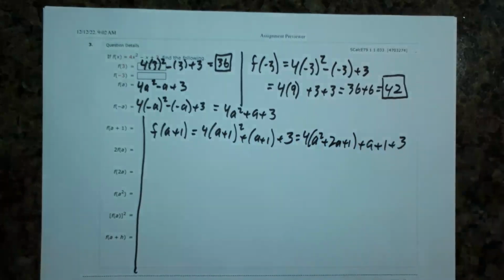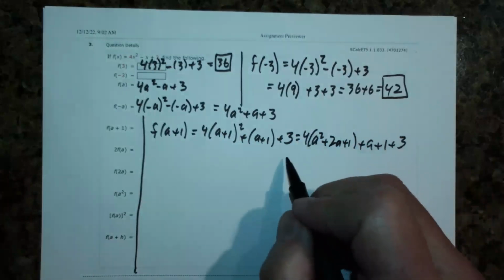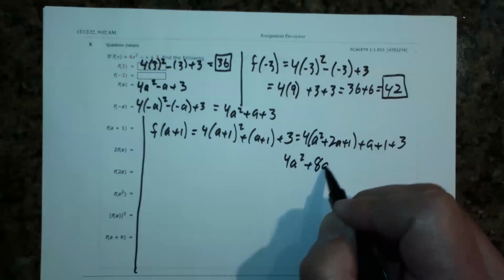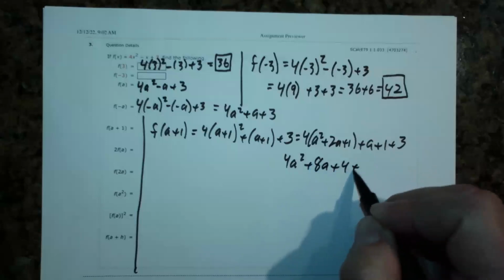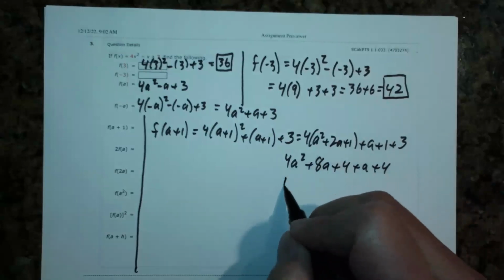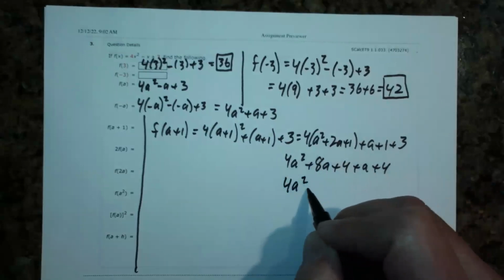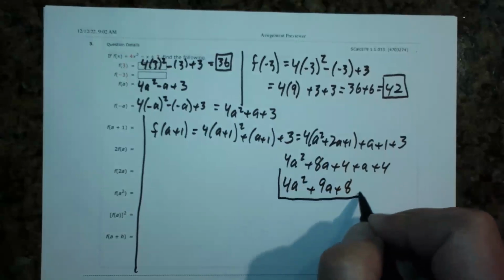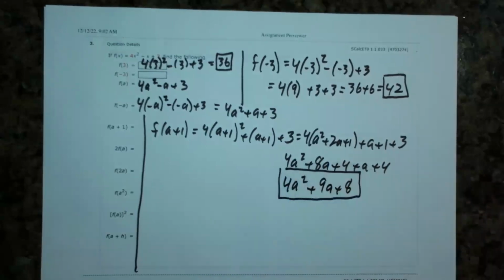And let's put that back together. So 4a squared plus 8a plus 4 plus a plus 4. And I'm going to combine like terms. There we are. That's f of a plus 1.